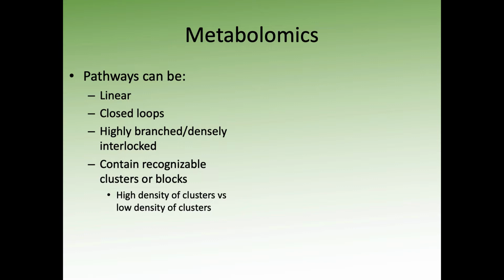We could look at these clusters or blocks and look for things that are both high density, in other words, they have a lot of connectivity among the nodes, a lot of edges coming out of these nodes, or they could be low density, where they wouldn't have very many edges coming out of these nodes. And the more connections or edges you have coming out of the nodes, the more dense and possibly more complex your network could be, as there'd be more pathways that you might be able to go down.